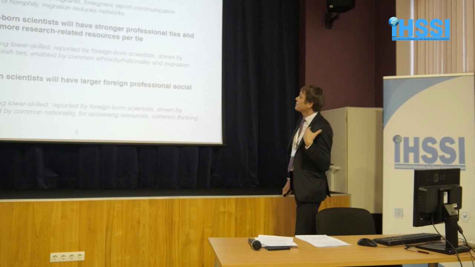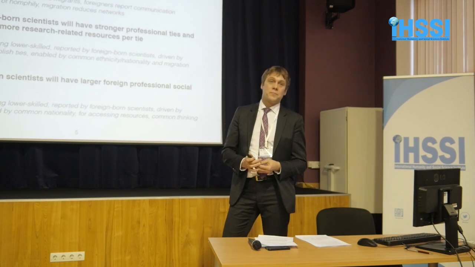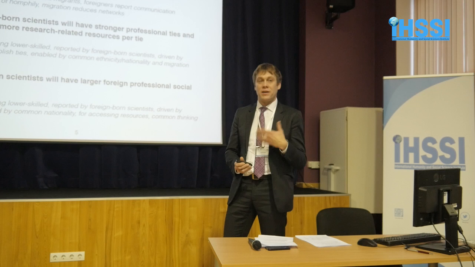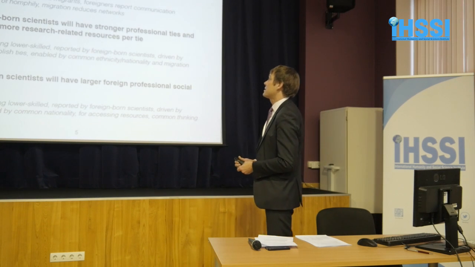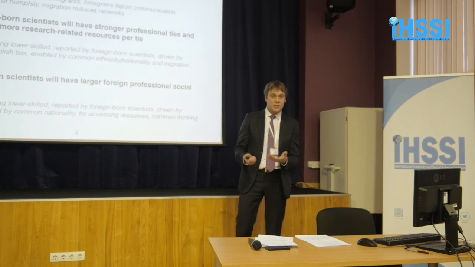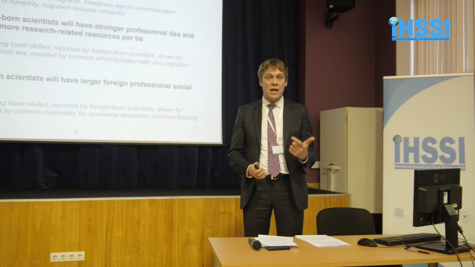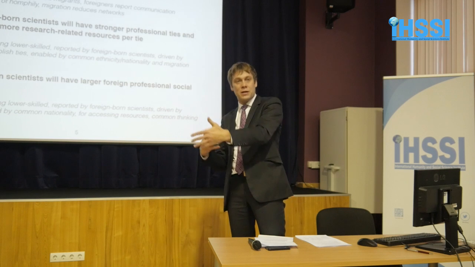Also, there are reports from qualitative research where immigrant scientists report the same thing: they face difficulties with establishing social ties. And there are at least two aspects from social capital theory which directly influence this. One is the lack of homophily, the idea that people flock together with people who are somehow similar to them.